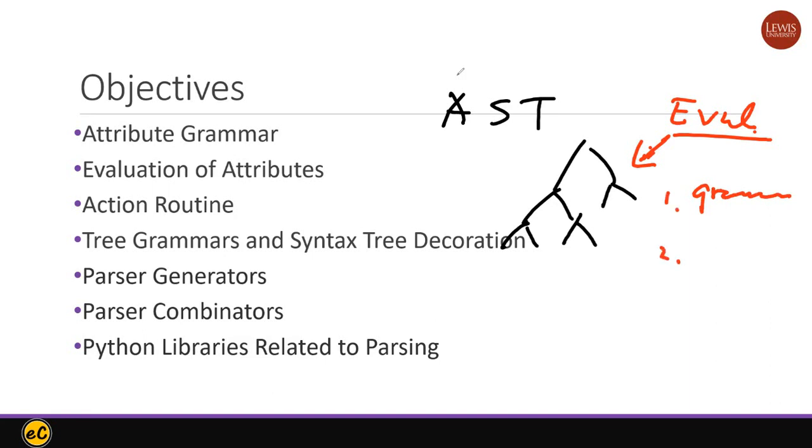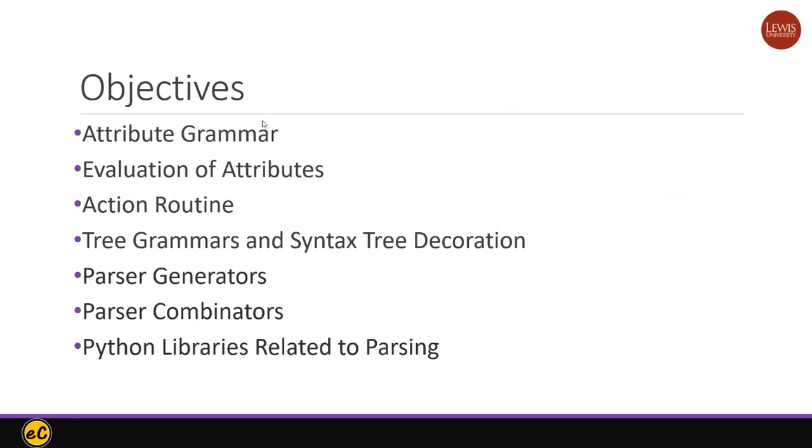Second, you will be able to prepare to generate the code, the Taki code. That's the purpose of this lecture. Then you need to learn attribute grammar and evaluation of attributes, and what is an action routine.